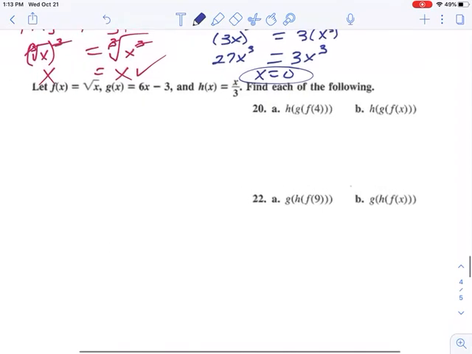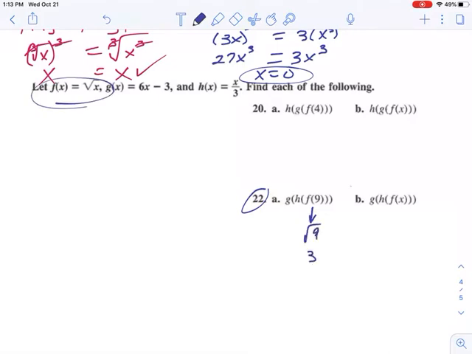All right. Now here, we're going to find h of g of f of 4. The only difference is we're going to have a number. So I'm just going to do 22 because I have more space to work with. So the first thing I have to do is f of 9. So here's f of 9, square root 9, which is 3.